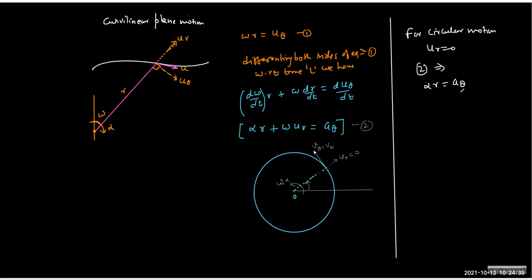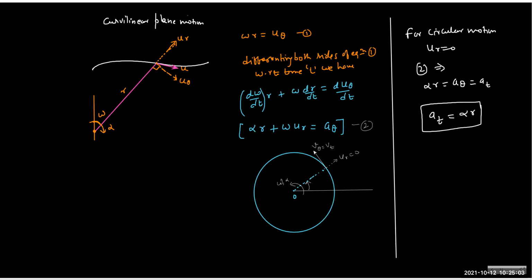But as we can see, the u theta is u tangential, so this we can also write as at, and therefore in case of circular motion, the tangential acceleration is related to the alpha. So if you multiply alpha with r, what you get is the tangential acceleration. That's the relation.